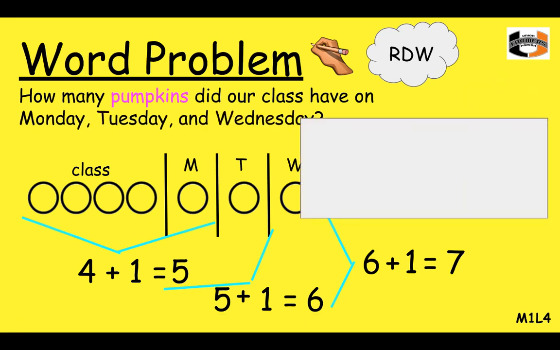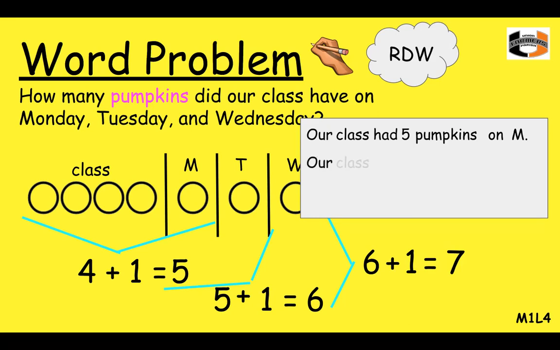So what does our statement need to say? We had 3 different questions, so I felt like I needed to write 3 different statements. The first question was, how many pumpkins did our class have on Monday? Our class had 5 pumpkins on Monday. How many pumpkins did our class have on Tuesday?